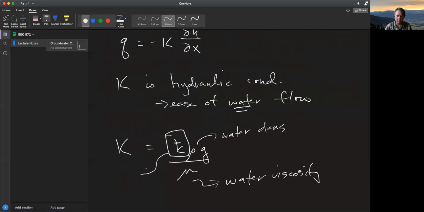And this here is the intrinsic permeability.